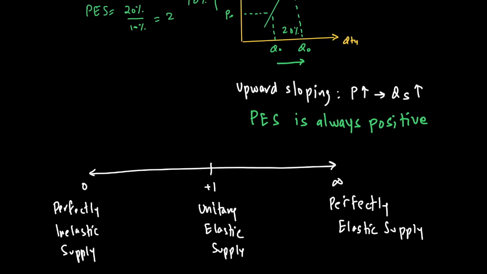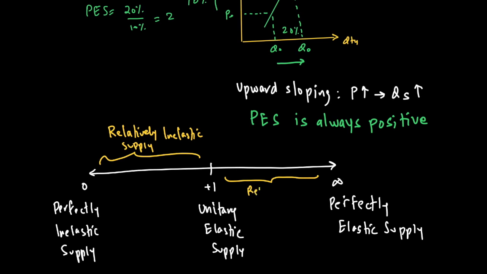Now, between 0 and 1 is your inelastic or relatively inelastic supply, while in this zone it's a relatively elastic supply.